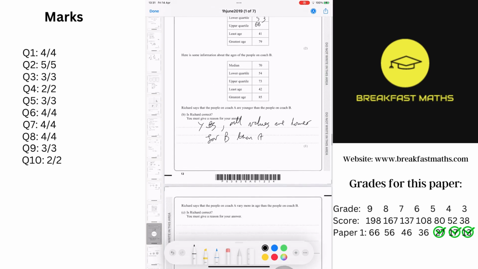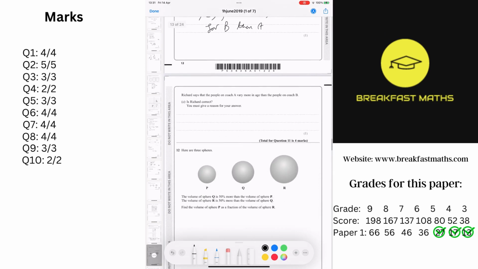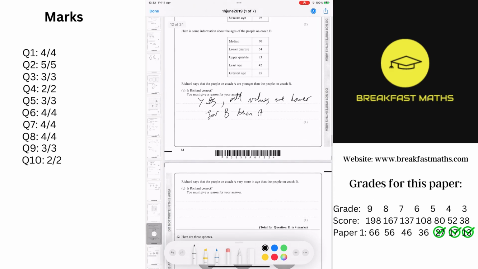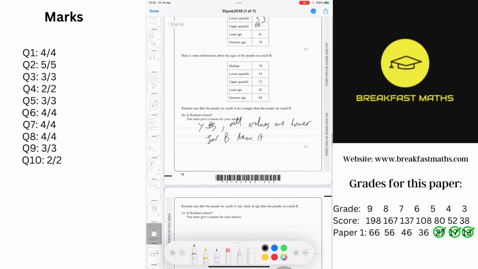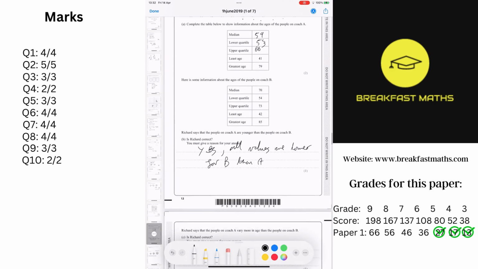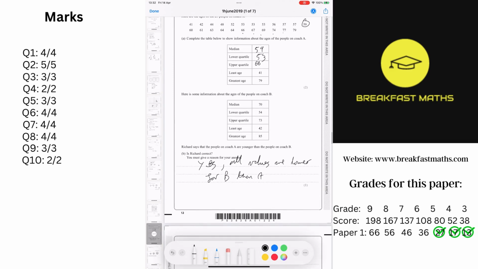Right. Rich says people in coach A vary more. Do they vary? Let's double check. So for varying, we're going to be looking at our interquartile range, or the lower and upper quartile. We can look at the range as well. So the range here would be 38, whereas the range here is 43.